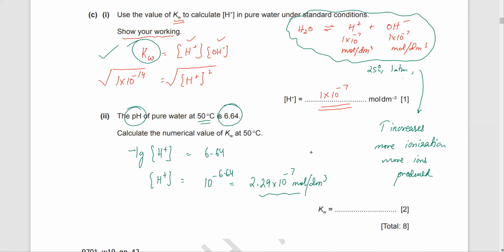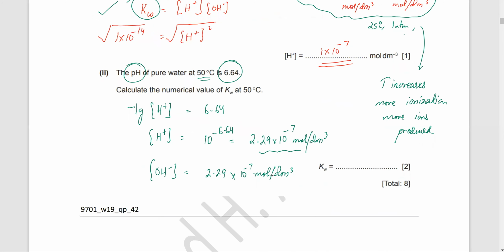What would be the concentration of OH ions then? It's going to be the same, because if it's pure water, it's going to ionize and produce an equal amount of ions. If this many H plus ions are produced, this many OH ions would also be produced. So now try and find the Kw value at 50.